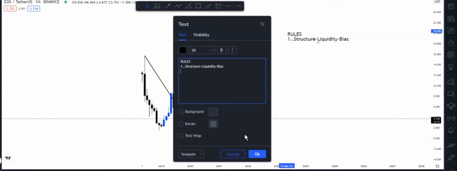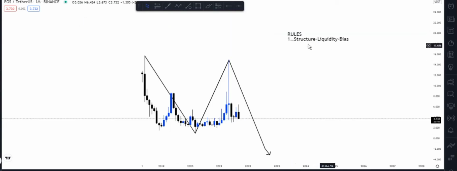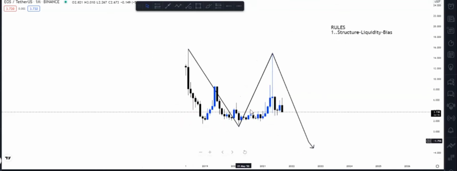So let's just take care of this for the meantime. This is what we're looking at now. This is just number one, the first rule: structure, liquidity, and bias. So structure is like this.